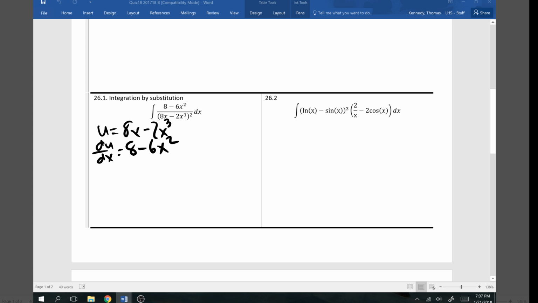I still have some people completely leaving out the dx when they take derivatives, and that's really sad, because then they leave the dx in their problem, integrate it, and get an x in their answer that has nothing to do with anything else. So we get du equals 8 minus 6x squared dx, and we feel pretty good about this because that's exactly this stuff. And so this integral was just du over u squared.